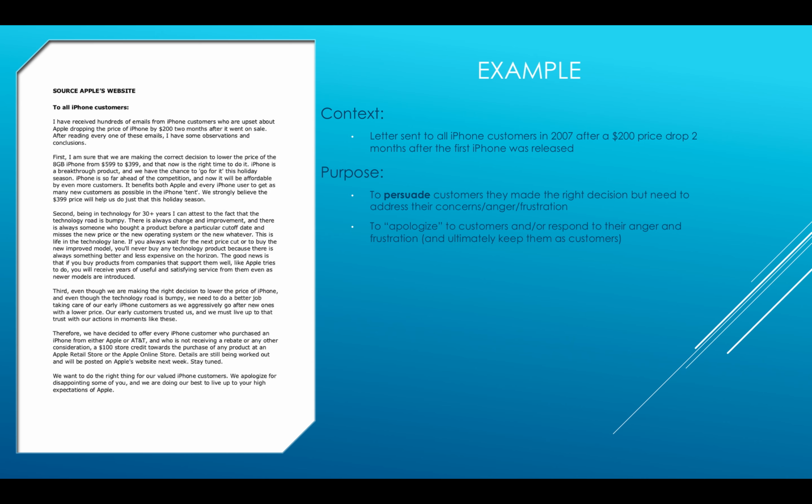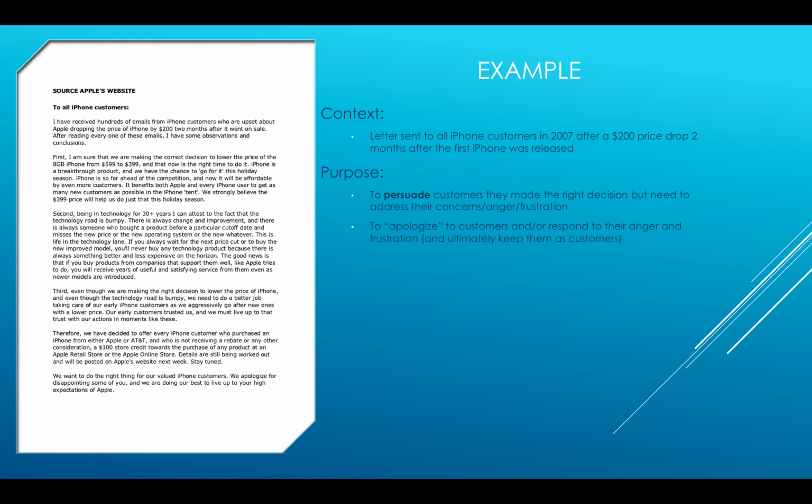So Steve Jobs was the CEO of Apple at the time, very well known. So he was inundated with, what he says here, hundreds of emails from customers that were irate but they paid more right away. And so this letter, which was distributed on the Apple website, but of course intended for their iPhone customers, as it says, to all iPhone customers, as a way of trying to persuade, so it's a piece of rhetoric, persuade customers that the company ultimately stands by its decision, but that they still want to address the concerns, anger, and frustration of those who bought the iPhones already.